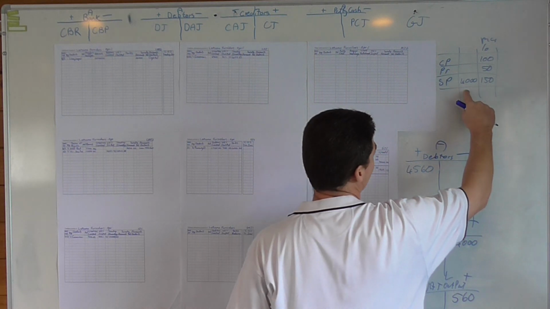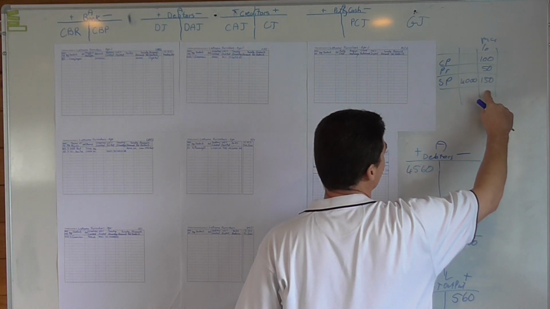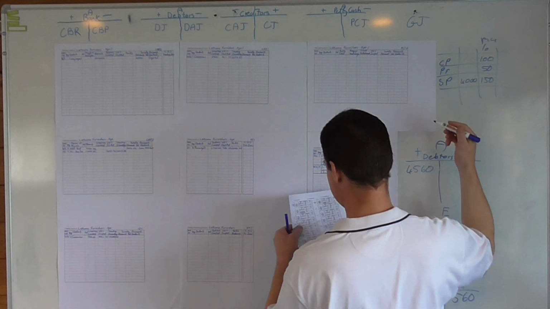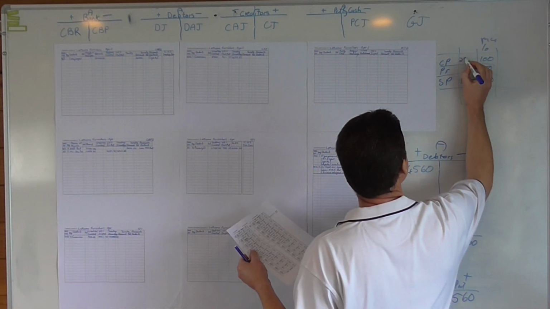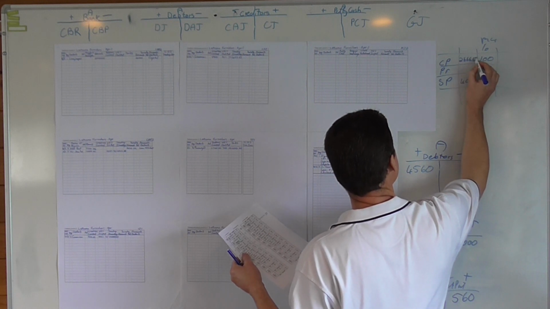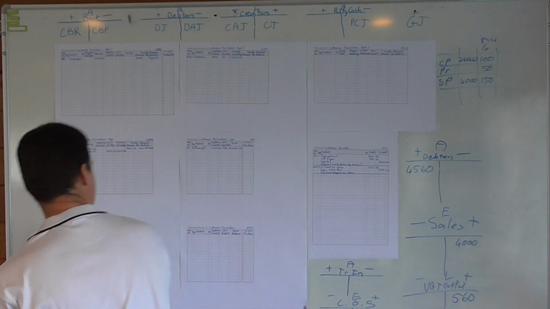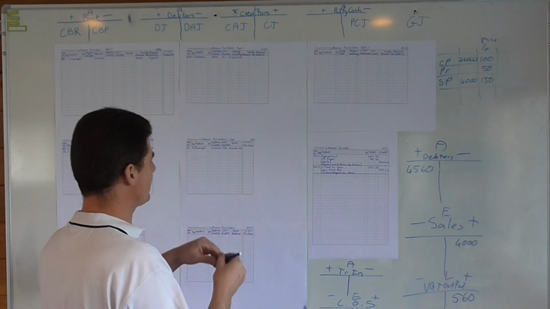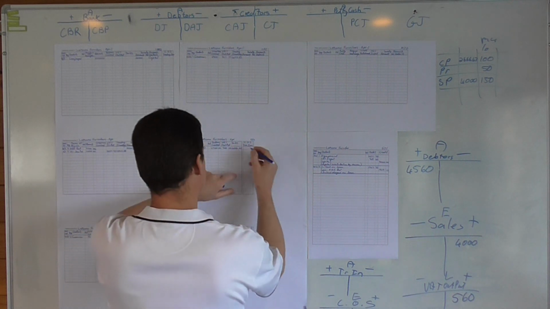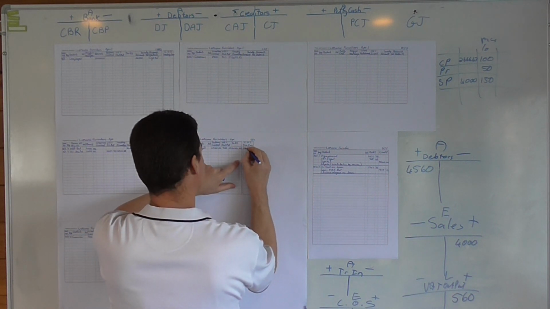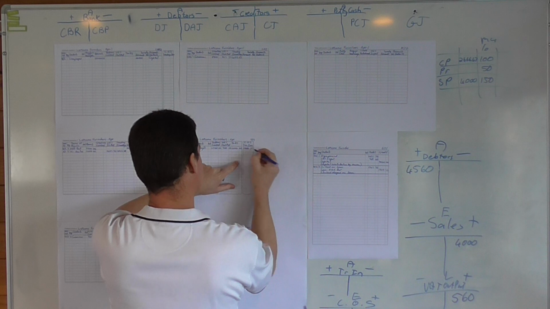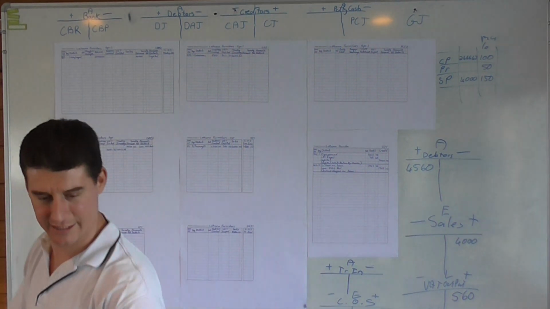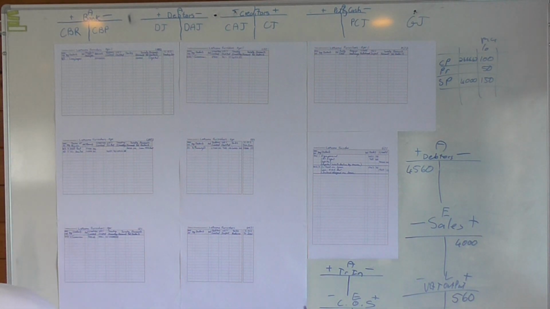So now you take 4,000 divided by 150, multiply by 100, and that gives you 2666.67. Now that amount we will fill in here in the debtors control under the cost of sales trading inventory, 2666.67.